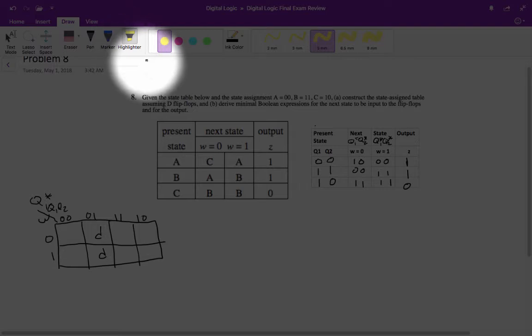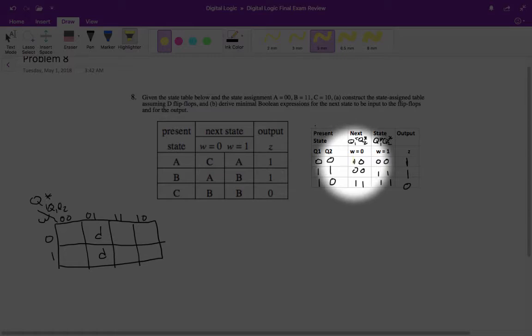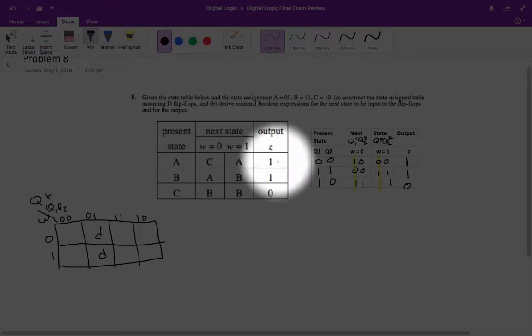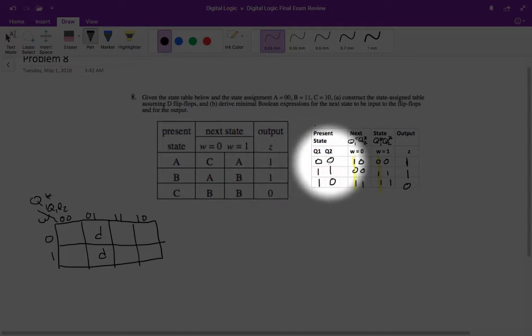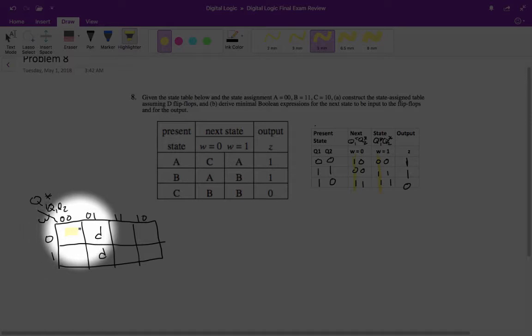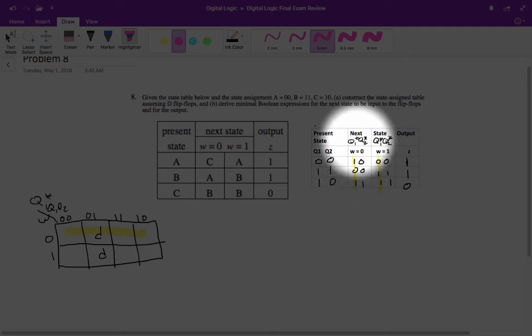Okay, so now we are filling in the next state for Q1, so we're filling in this column and this column. So that's Q1 star when Q1 Q2 is 0 0 and W is 0, so this is the row where W is 0. To get the row where W is 0, we're going to be looking at this column right here.